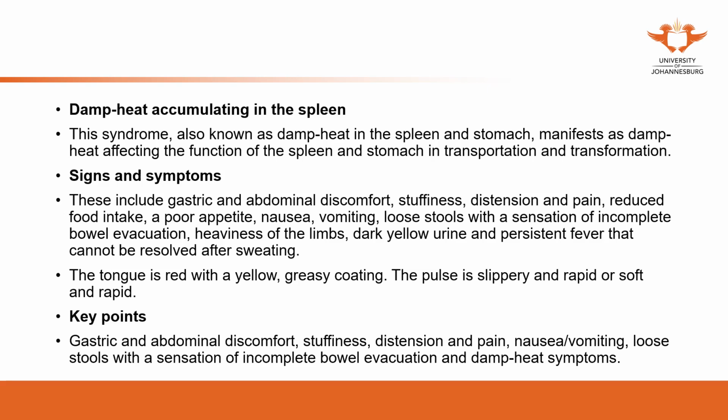Damp heat accumulating in the spleen. In this situation, the patient has dampness and heat in the spleen. Dampness will result in qi stagnation: abdominal discomfort, stuffiness, distension, reduced food intake, that's from the spleen dysfunction, loose stool, heaviness, dampness, heat.